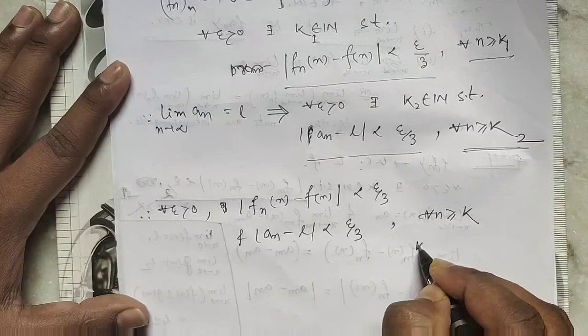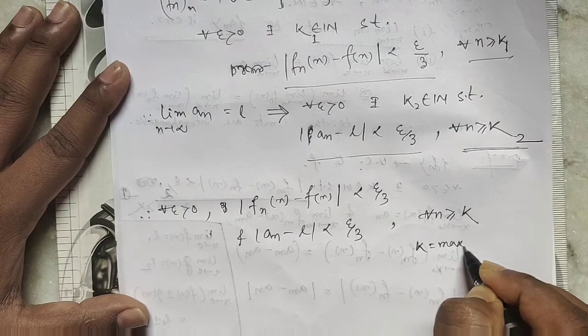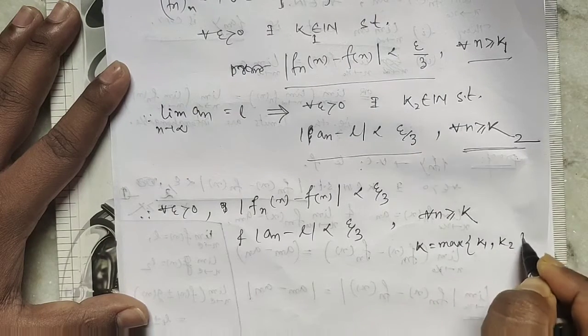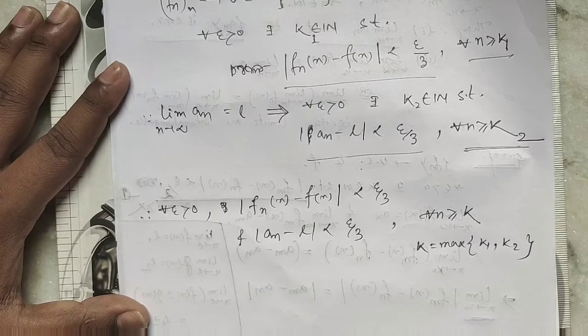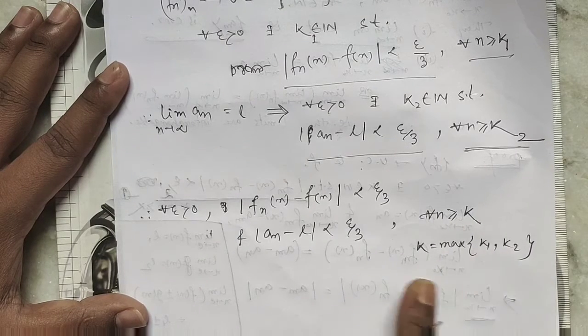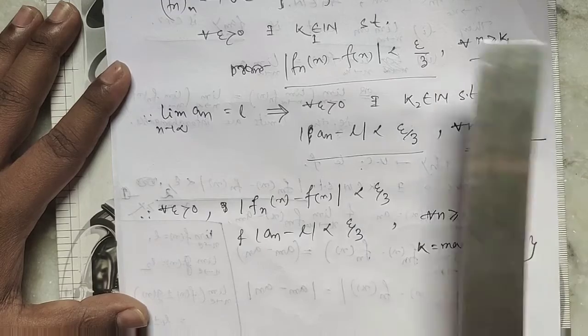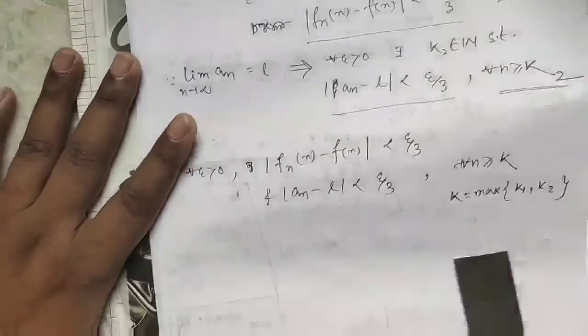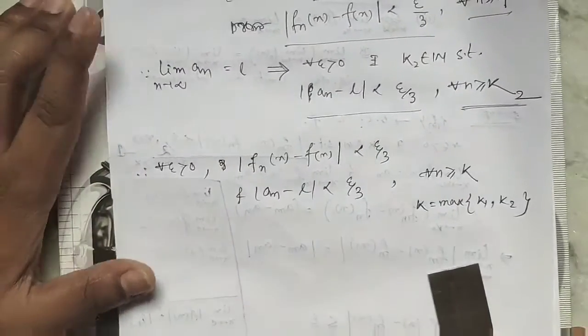Here k is the maximum of k1 and k2. This concept is known in real sequences. Clear?